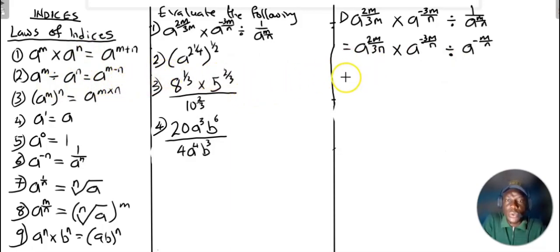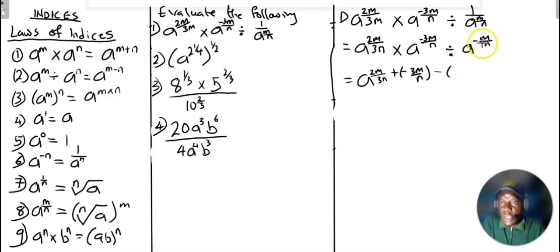Let's go. This is now equal to a raised to power 2m over 3n, the powers we add up, so plus this minus 3m over n. This division sign here, we apply the division law. So we have minus, then they have a minus sign here, minus m over n.